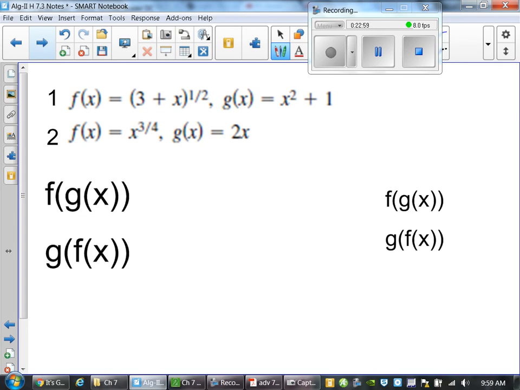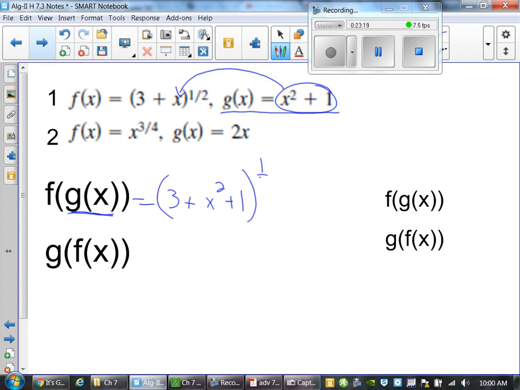So to start with this one, I'd write down what is my g of x equation. Well, my g of x equation is x squared plus 1. And what I'm doing here is I'm taking this value and I'm substituting it in for x, which means I need to surround it then with everything else. Okay?